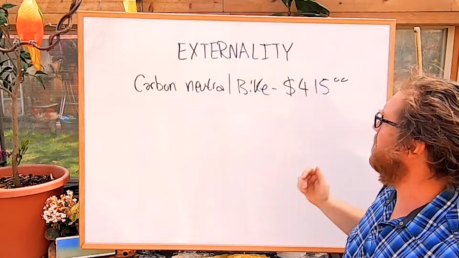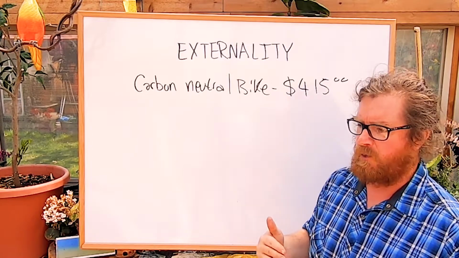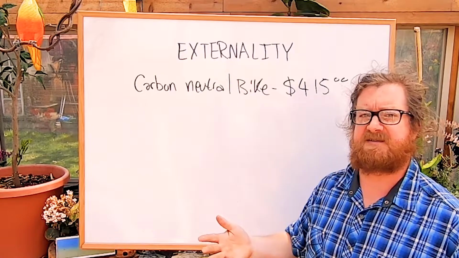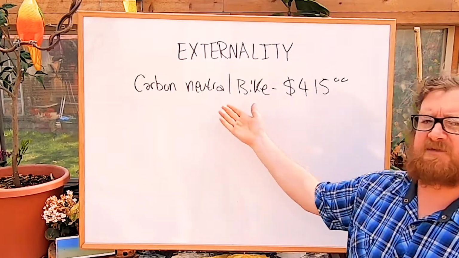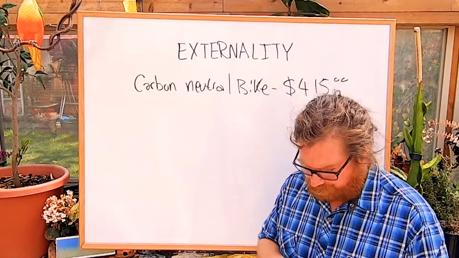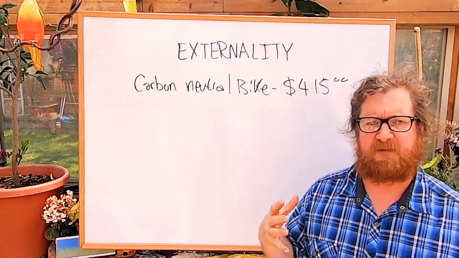So they could make a carbon neutral bike for a little bit more, but because they incurred no financial penalty for releasing that CO2, there's no reason for them to do that, right? The accountants would just say, well, this is really straightforward. So when we think about these externalities, we could actually think about a few examples.